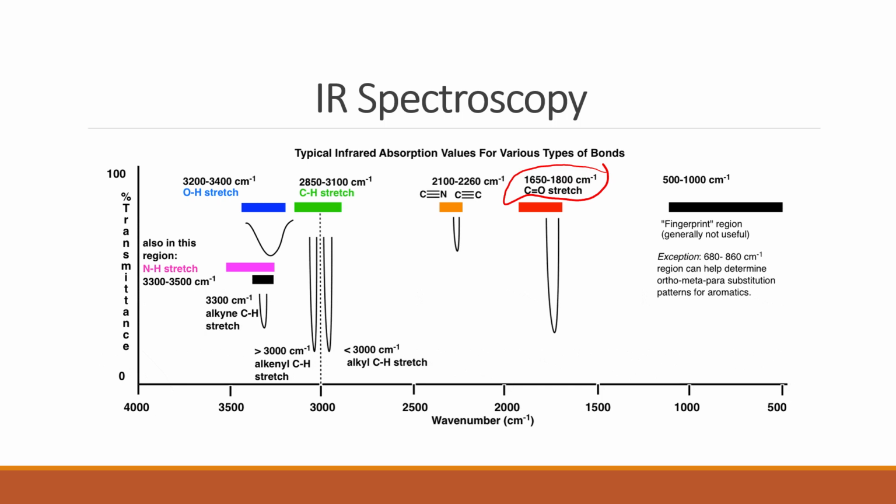You get a nice sharp C double bond O peak for your aldehydes, ketones, esters, amides, and carboxylic acids. Whichever has C double bond O, you see it here. Between 2100 and 2260 or 2250, you'll see C triple bond C, and generally triple bonds show up around this region.